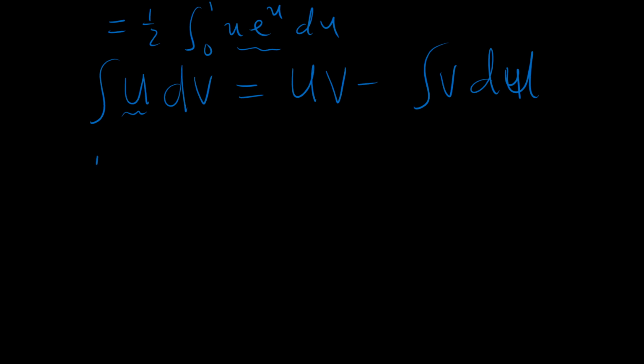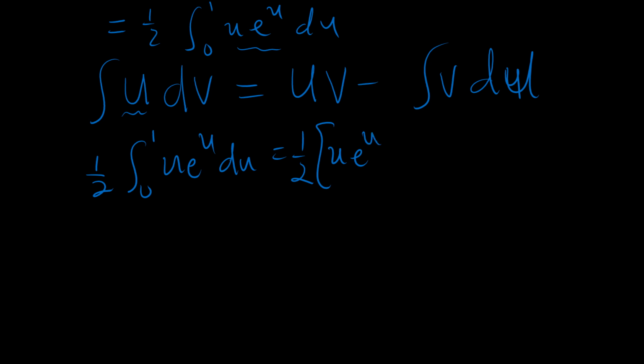So in essence, half the integral from u equals 0 to 1 of u e to the power u du is the same as half. Now we've integrated, we have u times e to the power u, limits 0 to 1, minus a half the integral, the derivative of u is going to be 1, so we're just left with e to the power u, 0 to 1.